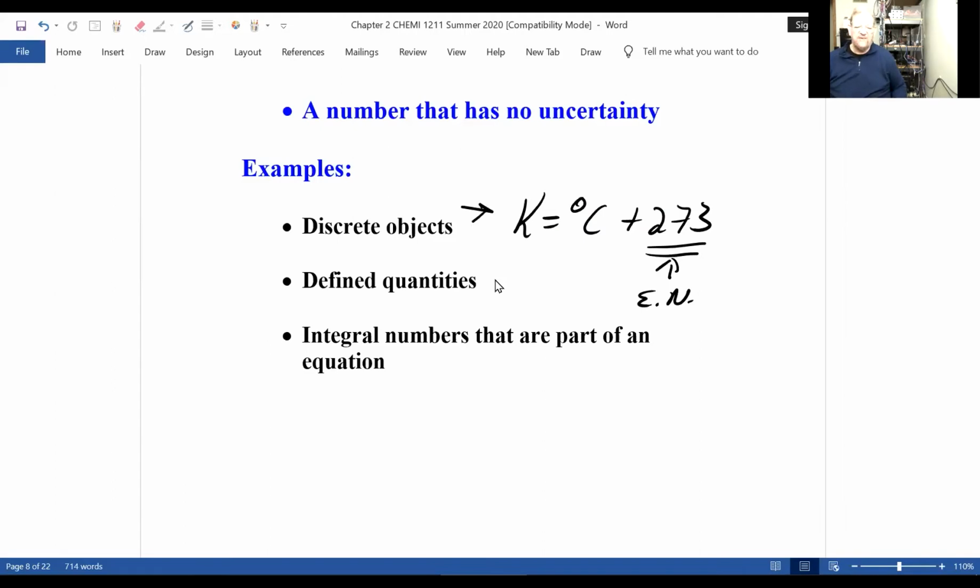And that's what we mean by integral numbers that are part of an equation. And defined quantities, 1 dozen equals 12 items. Both 1 and 12 are exact numbers because they're part of a definition. 1 dozen is 12. If you go into a supermarket, you buy a dozen eggs.